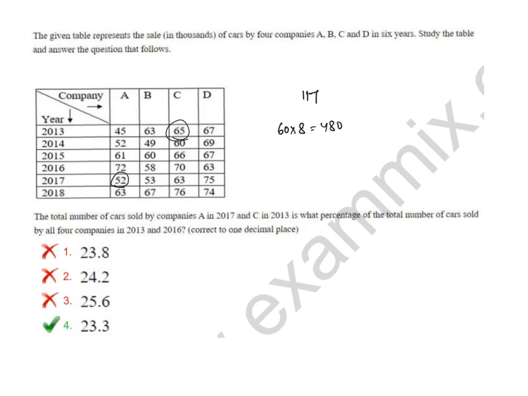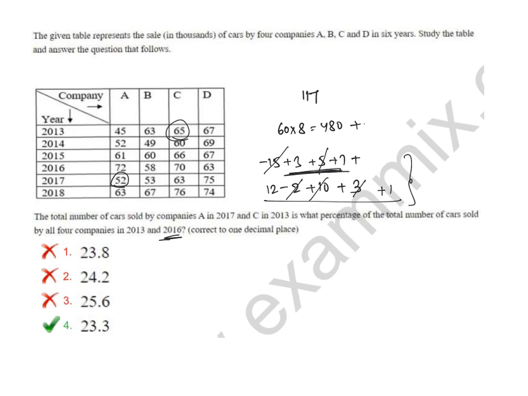Now find out the difference, that is minus 15, then plus 3, plus 5, plus 7. Now take it in 2016. 2016 is plus 12, minus 2, plus 10, then plus 3. Now find out the deviation. 5, 10, 15 cancel. So you got minus 2, then it will be plus 1. So you got 10 here plus 13. So 23 more, which means the sum is 503.